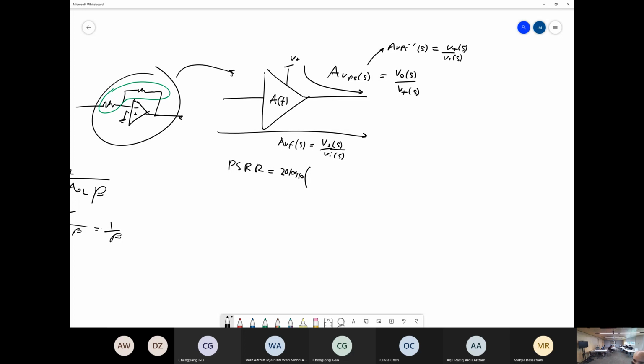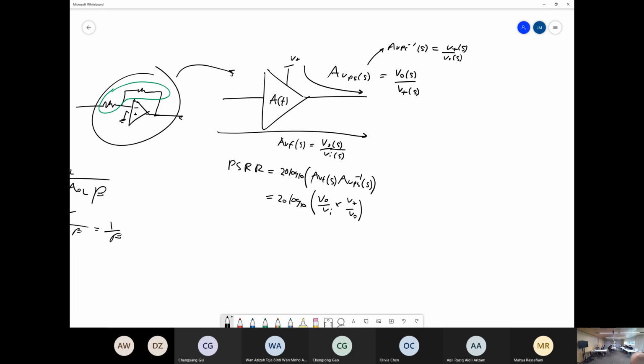So if we multiply AVF by the inverse of AVPS, we get VO. So AVF of S times AVPS of S to the -1 comes to 20 log 10. Probably shouldn't have done the log first. So this is VO on VI times, I'm going to omit the S just for now so it's faster, V plus on VO.